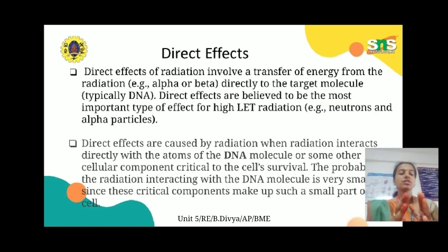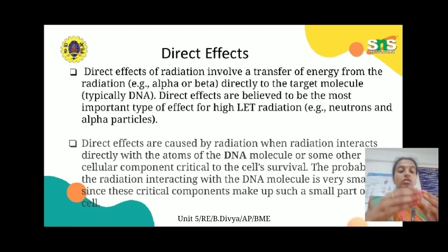How does the radiation occur? Radiation occurs from machines and equipment like X-rays, CT scans, MRI scans, PET scans and SPECT scans, and all these types of scanning machines undergo a radiation process, right?